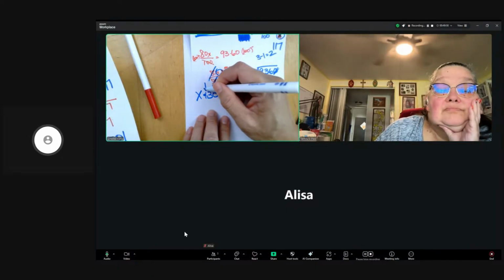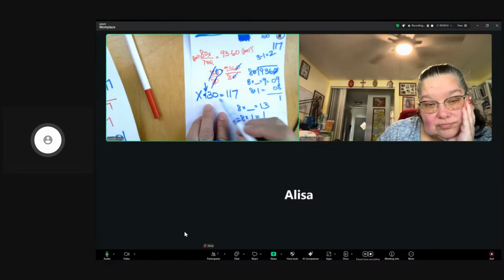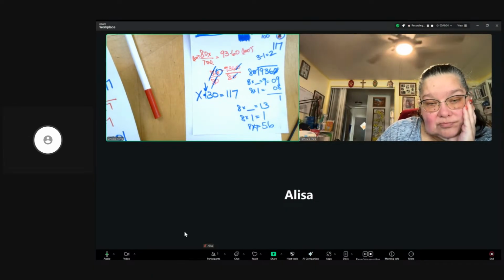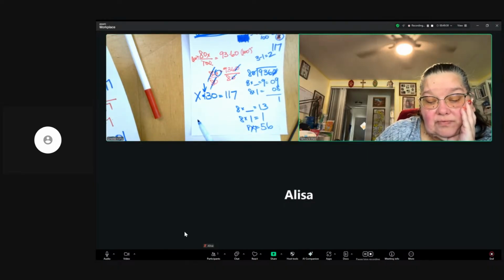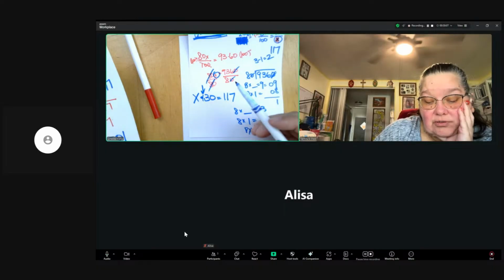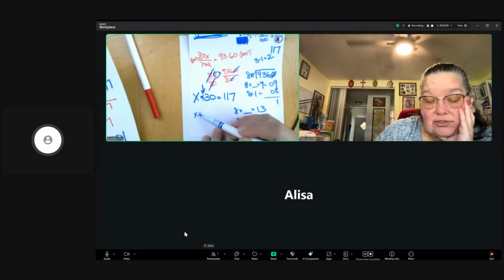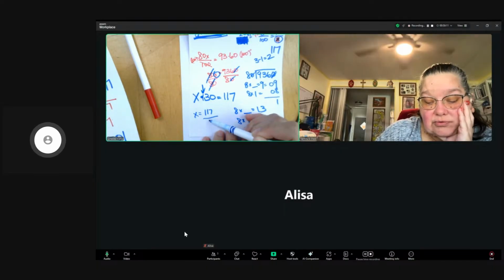Because remember, this is the whole number, and this will equal that. And then what do we do? We divide it. So x is equal to 117 divided by 1.30.